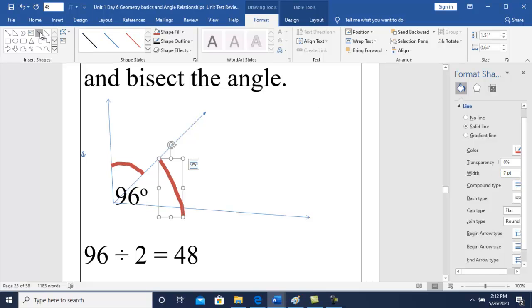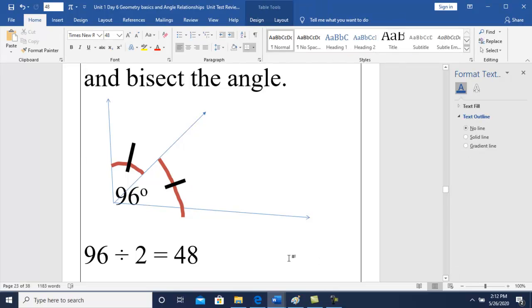Then if you want, you can put a tick mark, and then we can put the angle there, 48 degrees.